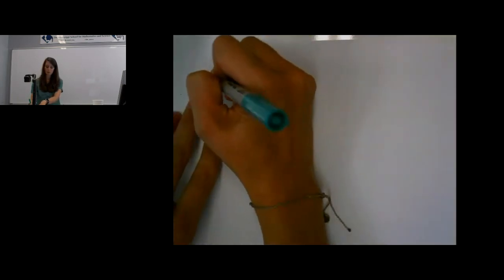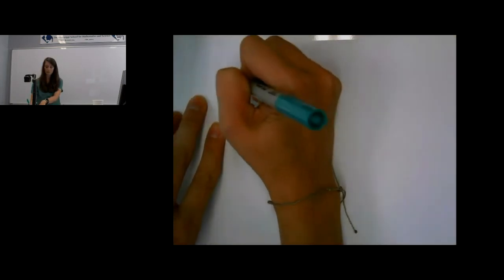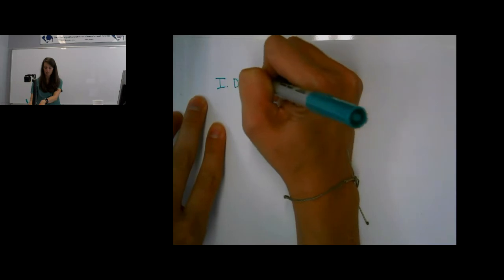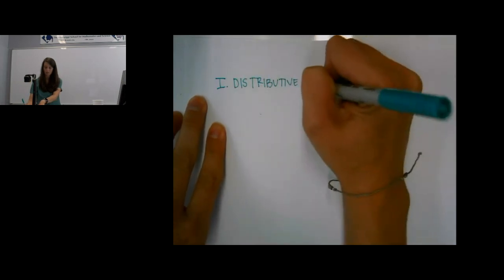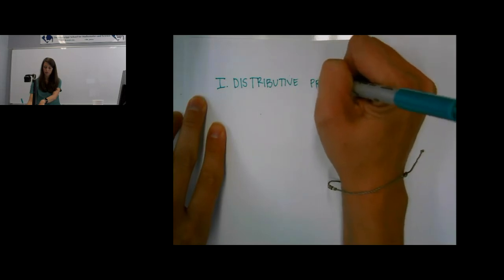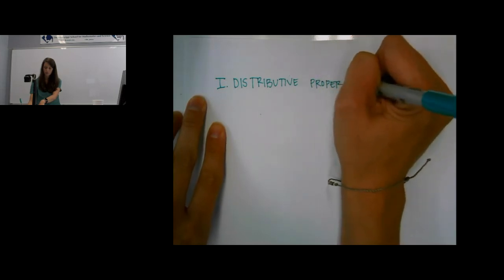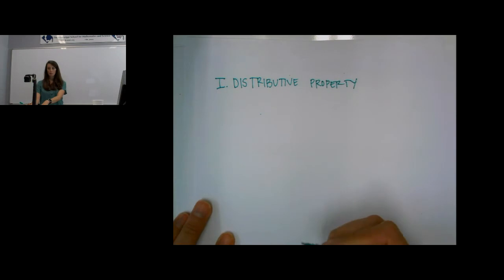So today we're going to look at the distributive property and then using the distributive property to combine like terms. And this is one of the most important properties in algebra and math. Okay, distributive property.